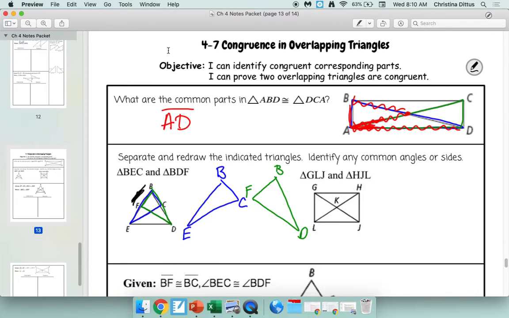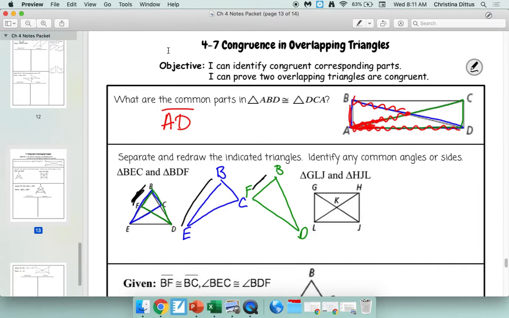Does that make sense? Why not? Because we want to look at the whole thing. It's got to share the whole thing. So here we got BE, but here we only have BF. So those aren't the same letters total. So we don't say that's a whole part that's in common. And we only care about the whole part.